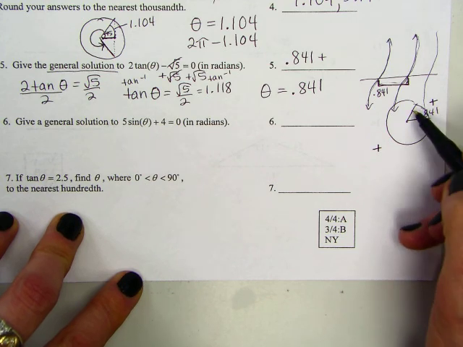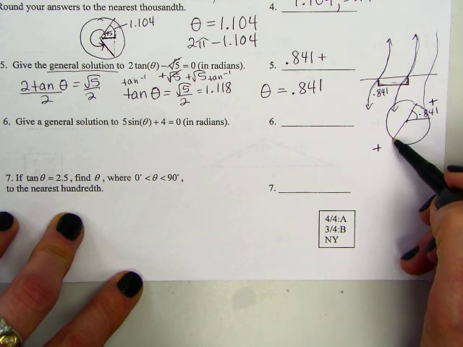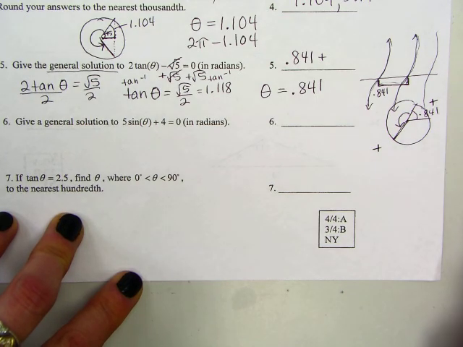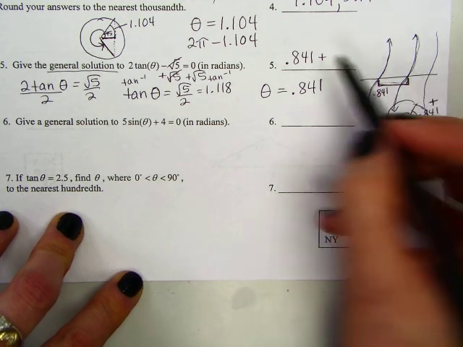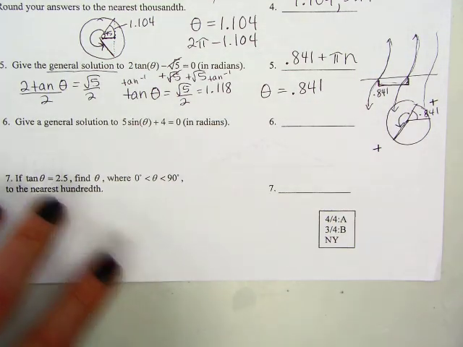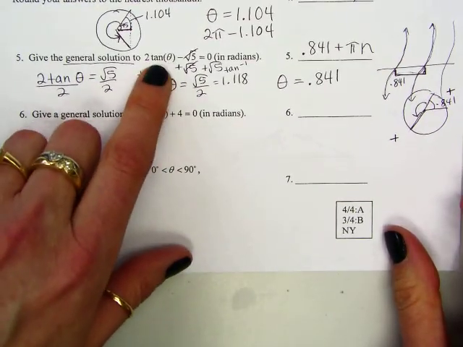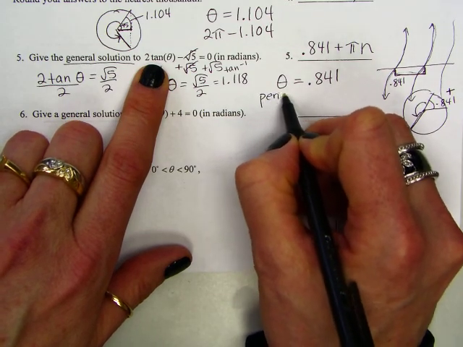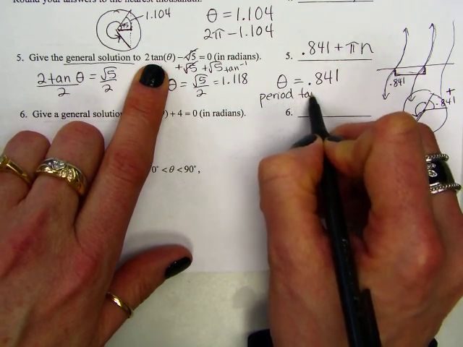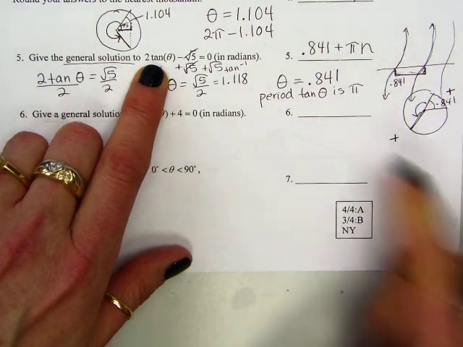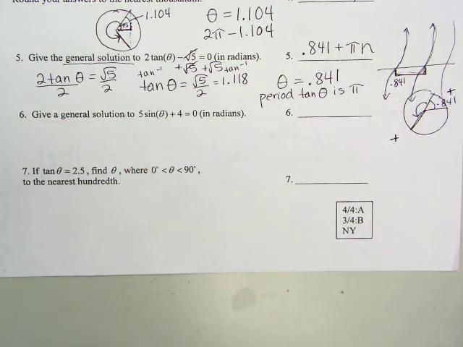Okay. Somebody with that same tangent would be a half turn away from that, or pi away from that. So the pattern here is pi n, not 2 pi n. And again, that goes back to the fact that the period of the tangent of theta is pi, where the period of the sine and the cosine is 2 pi. Okay.